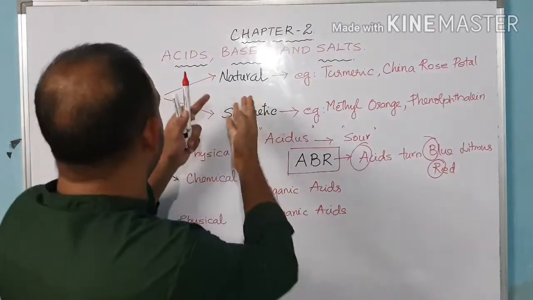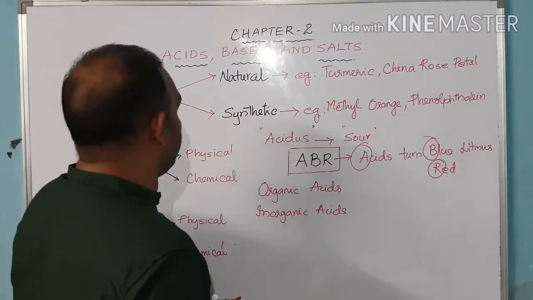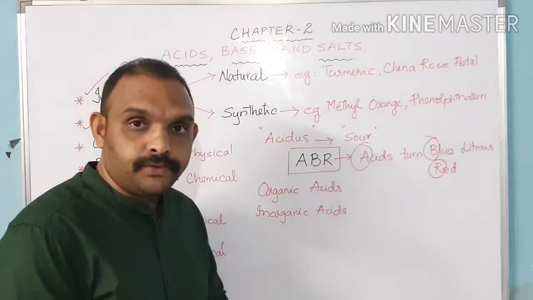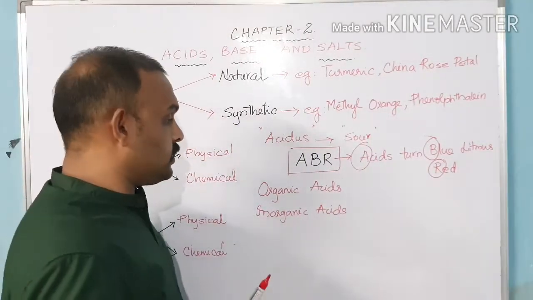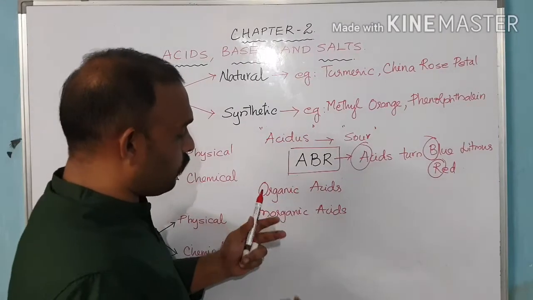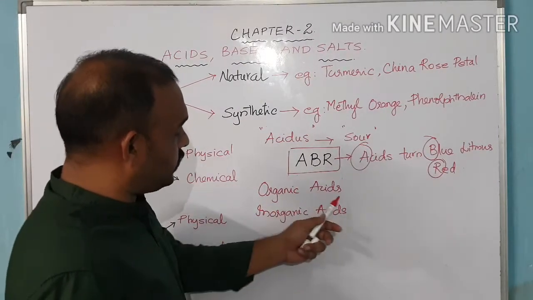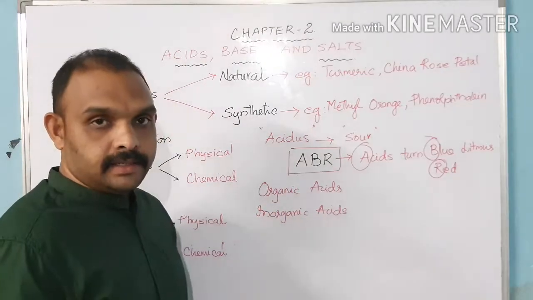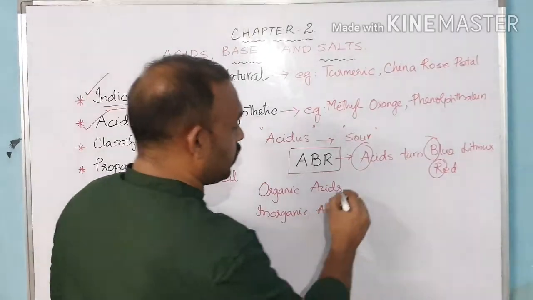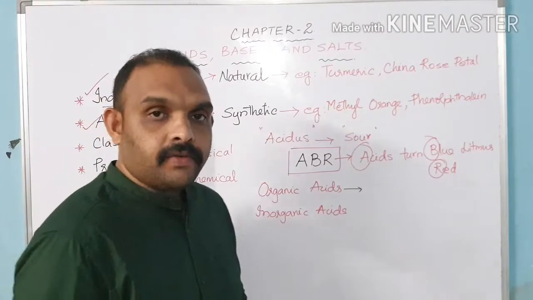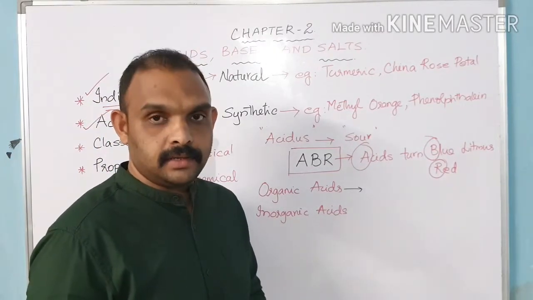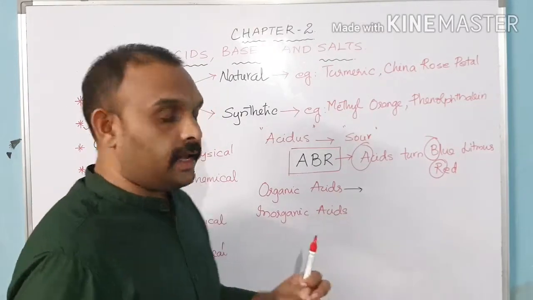As we have seen that indicators are of two kinds, natural indicators and synthetic indicators, in the same way, acids are also of two kinds. What is an organic acid? If an acid is derived from the natural substances, then it is called an organic acid.